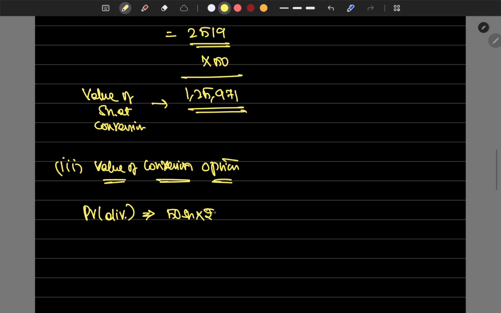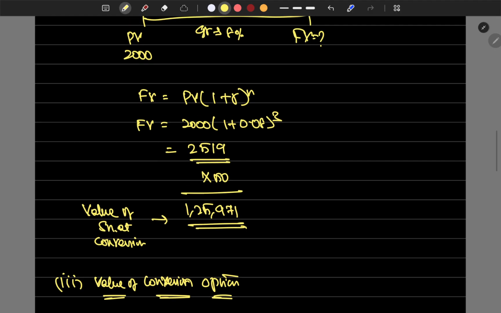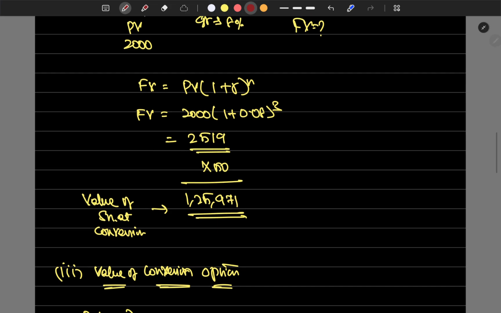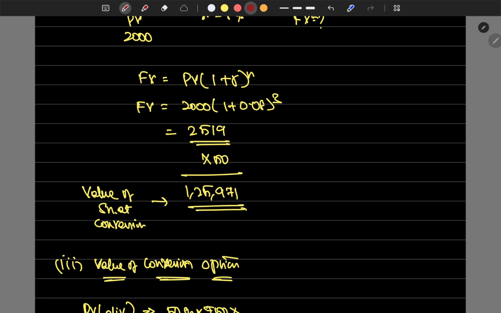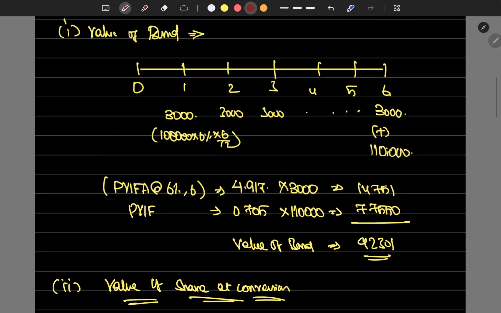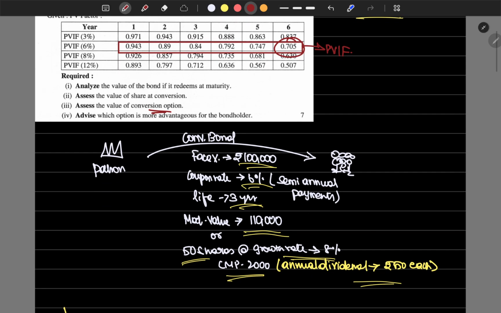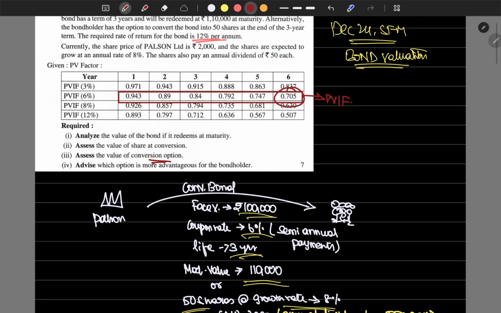And what's the growth rate? Sorry, not the growth rate. This we have to discount. To discount it, we have to use not the growth rate, but the required rate. Required rate is 12 percentage.